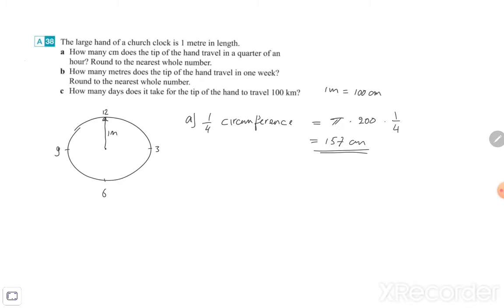Okay, exercise B. They ask how many meters the tip of the hand travels in 1 week, rounded to the nearest whole number. If we know that the circumference was pi times 200, then you can calculate the length of my circumference. Now step 1: how many hours fit in 1 week? 1 week is exactly the same as 7 days.